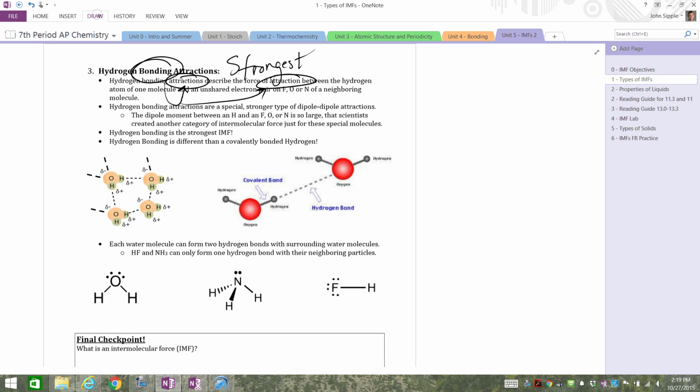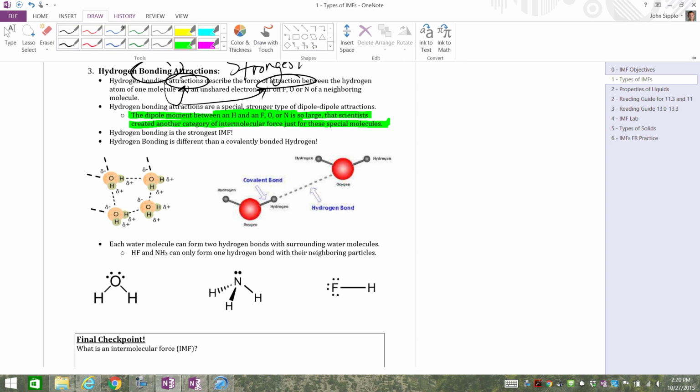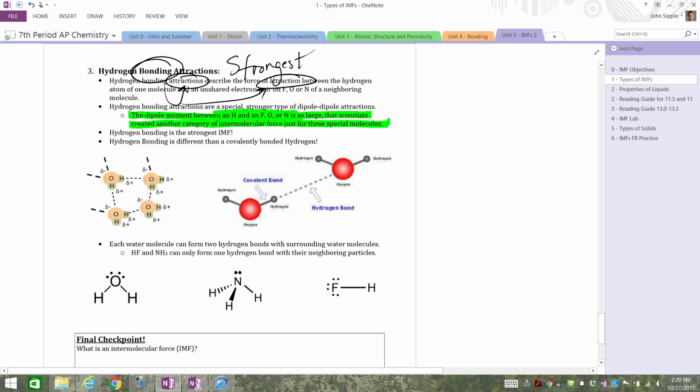The key part is that it's a hydrogen attracted to a fluorine, oxygen, or nitrogen. Because such a polar bond forms a very special attraction, the hydrogen has to be attached to another fluorine, oxygen, or nitrogen.